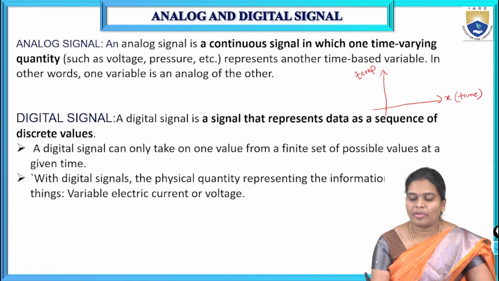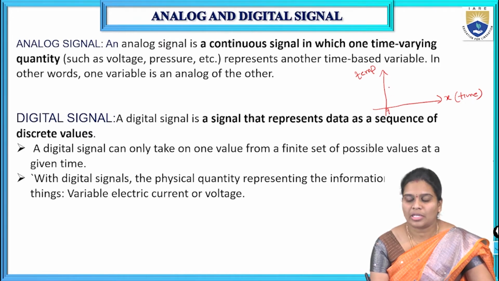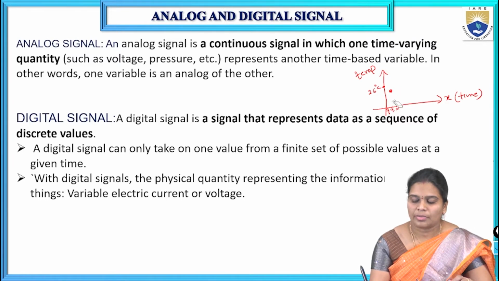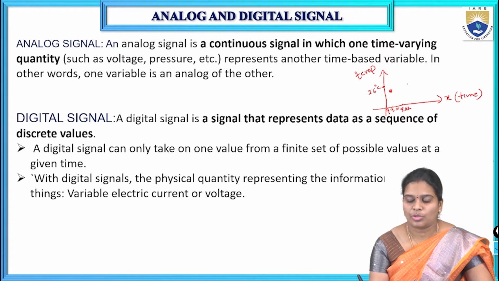At 9 o'clock we measure some temperature, say 26 degrees centigrade. At 9 o'clock and 1 second we can also measure the temperature. Likewise we can measure it at 9:02, where the temperature is, say, 28 degrees centigrade, and at 9:03 and 9:04. The graph looks like this.